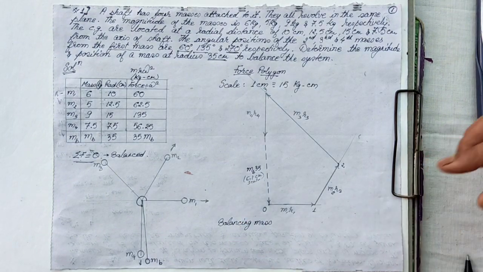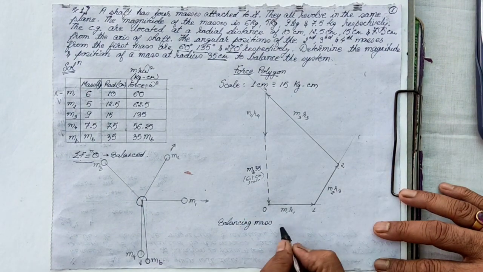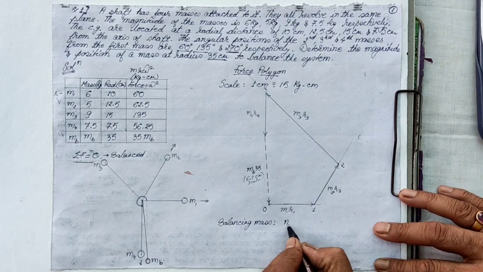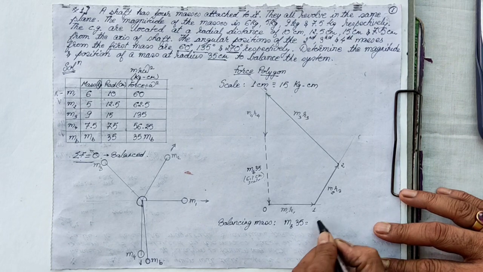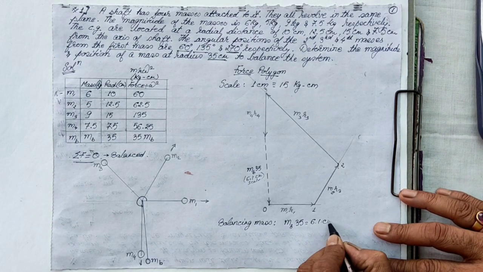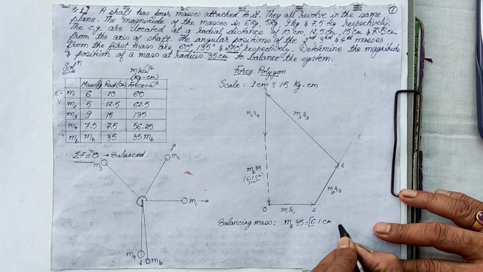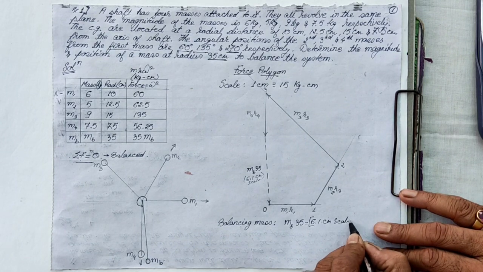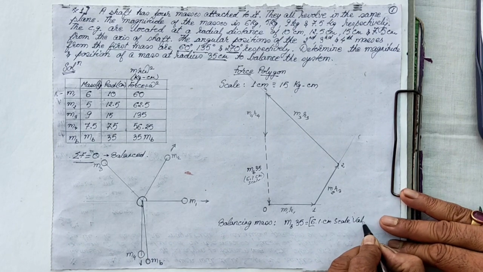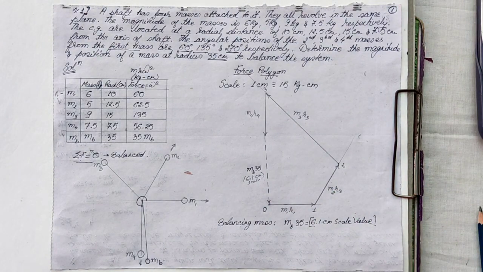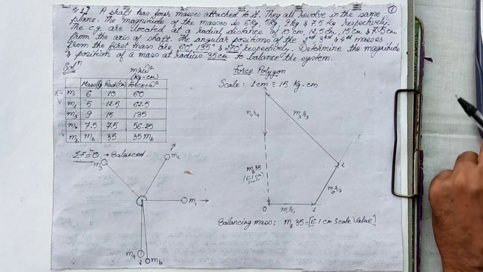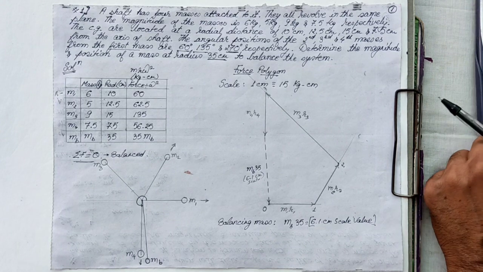So MB35 is coming out to be 6.1 centimeter as the scale value. According to our scale, it is 6.1 into 15.